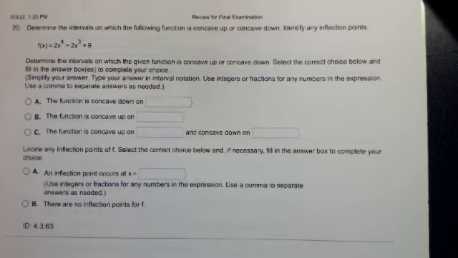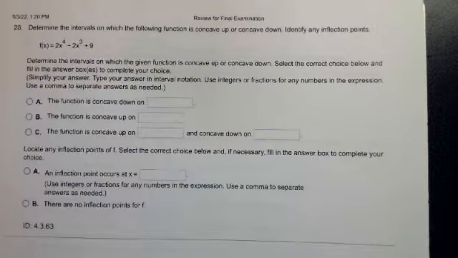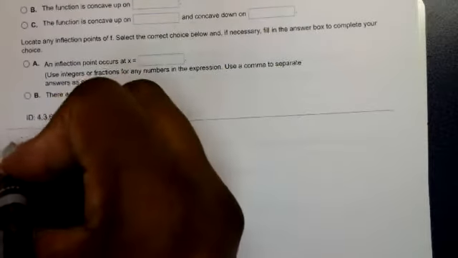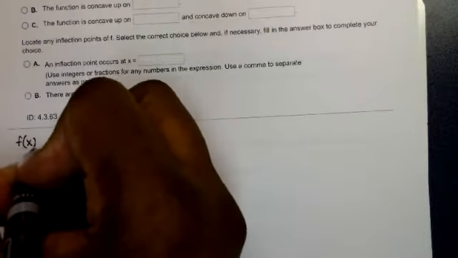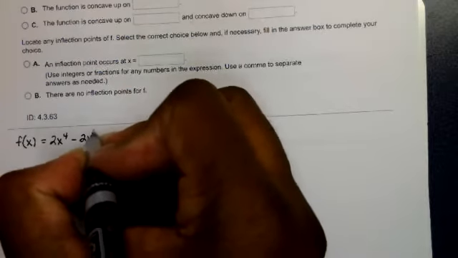All right. So if we're finding out the intervals on which the function will be concave up and concave down, we have to take the second derivative. So I'm going to do this at the bottom of this page. So here f of x is equal to 2x to the 4th minus 2x cubed plus 9.